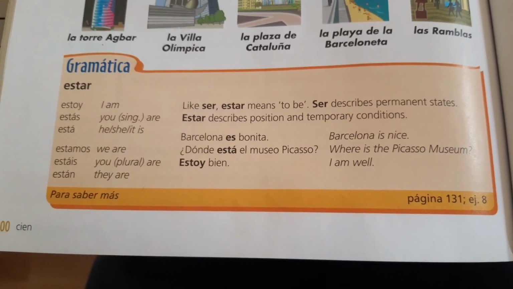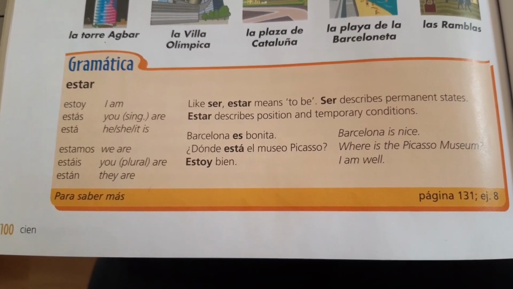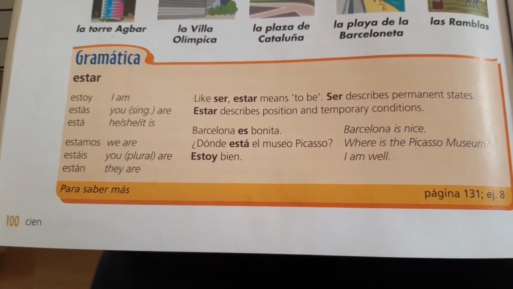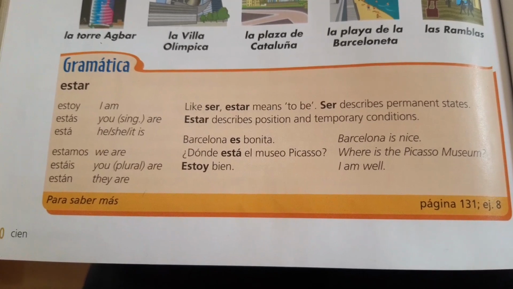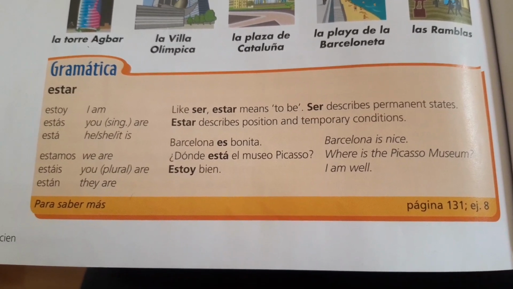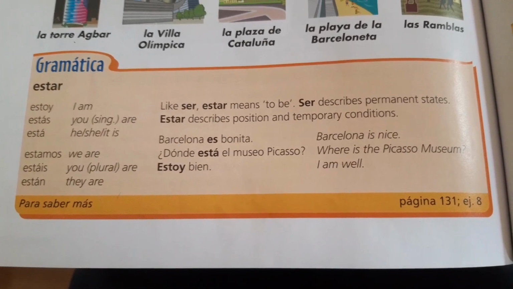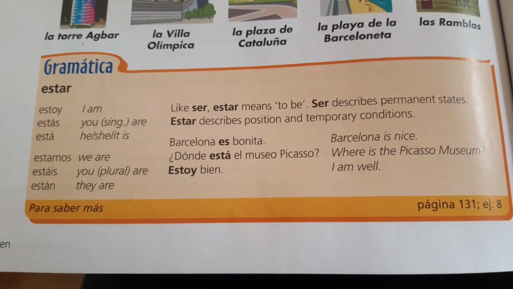So I am currently, girls, in my kitchen here. So estoy en la cocina. It's also to do with my current state of mind. So estoy contento, I am happy. Okay. Estoy pensando as well, I am thinking. Okay, so it's about your current status and what you're doing, etc.